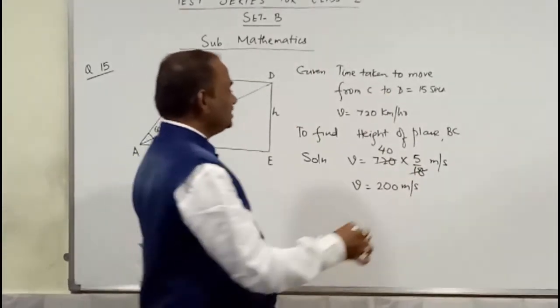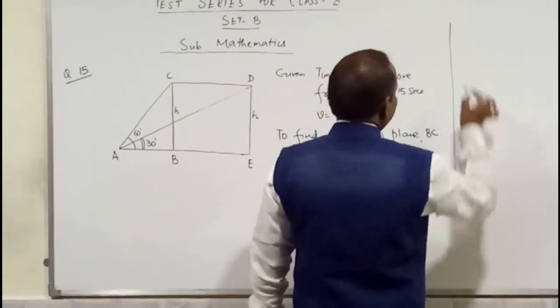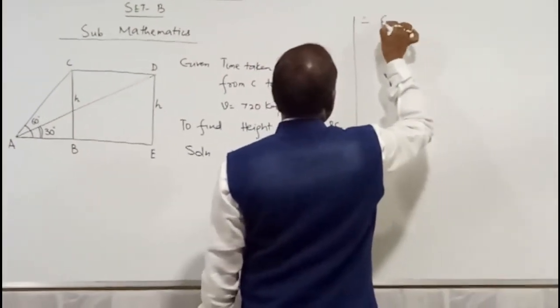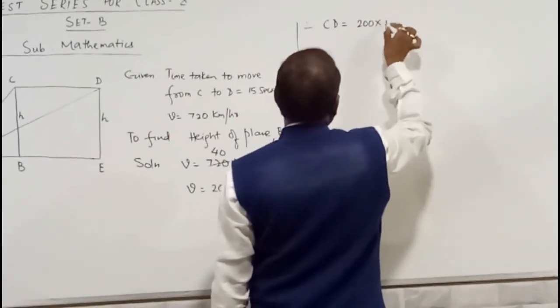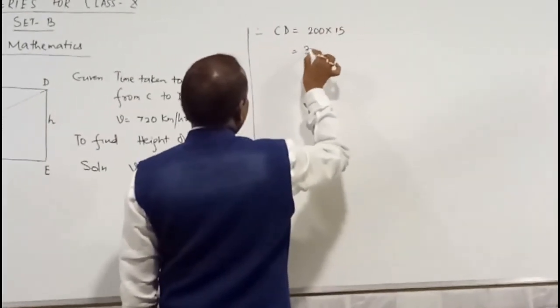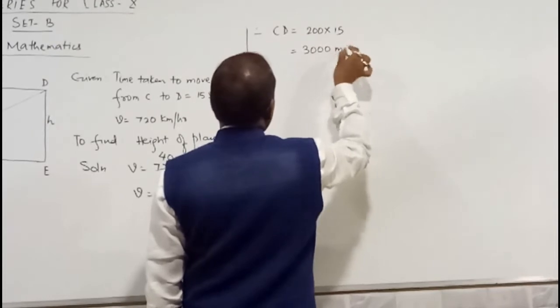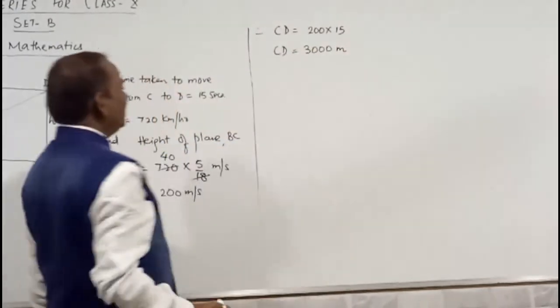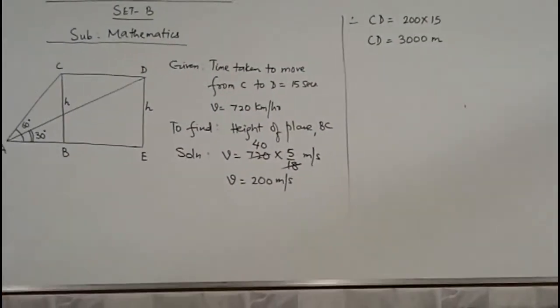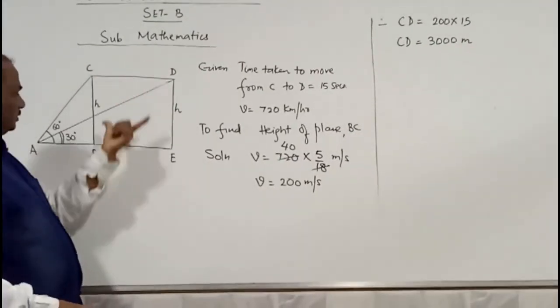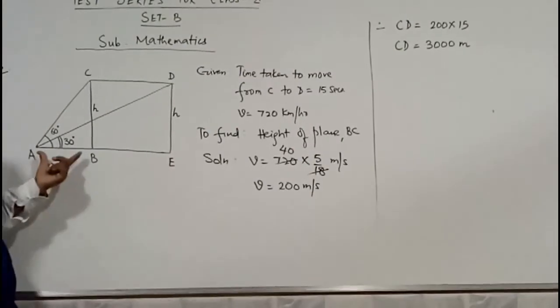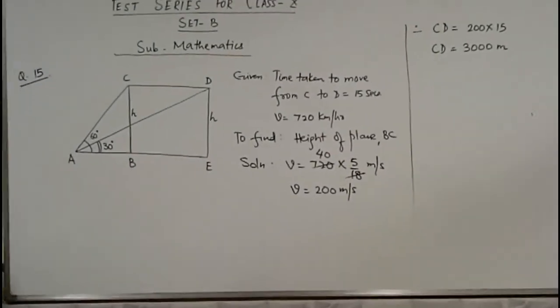Time is given as 15 seconds. So therefore I can say that the distance CD is equal to speed into time, 200 into 15, and that comes as 3000 meters. So I got the value of CD, but I don't have the value of AB. Now CD is equal to BE, so I know the value of BE. Since I don't know the value of this, I need to take the help of another variable.